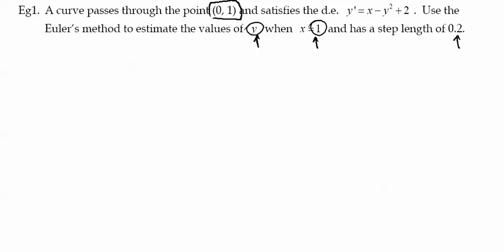Now, seeing how we have a step length of 0.2, there will be a total of 5 steps involved, and we are going to use the formula for Euler's method to do the estimate. So here is the equation for Euler's method.